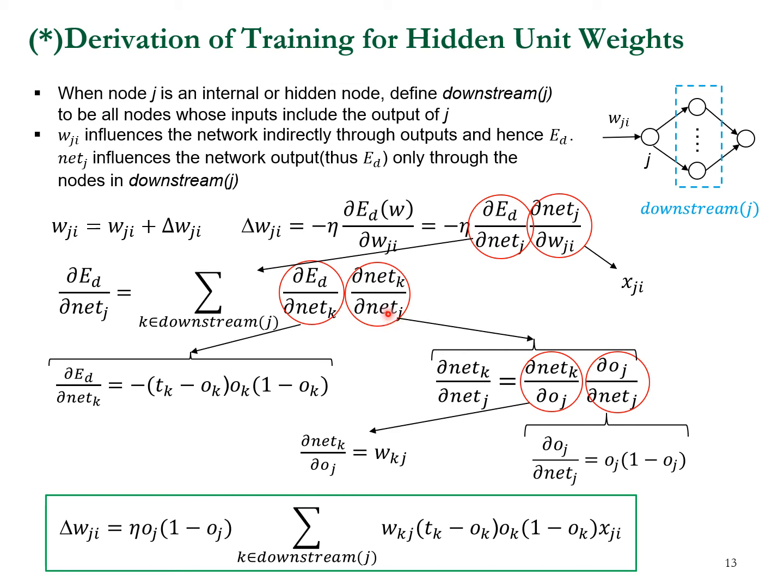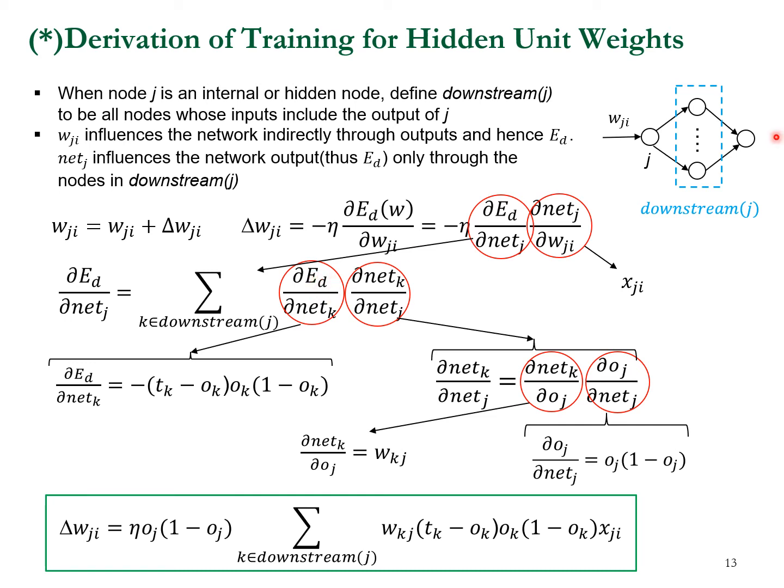So for every node downstream of J, this is decomposed into the influence of net J on net K. This net value J influences the net K value here, and net J also influences another node, net K, here. Then using this net K, it influences the error function.